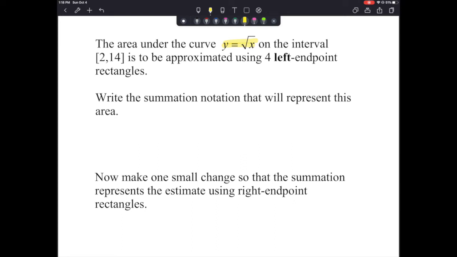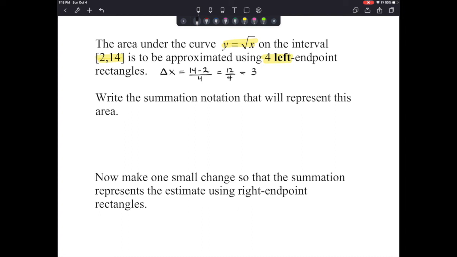We've got our interval from 2 to 14 using 4 left endpoint rectangles. So the first information I want to find real quick is my delta x. I'm going to do 14 minus 2 over 4, which is going to give us 3.